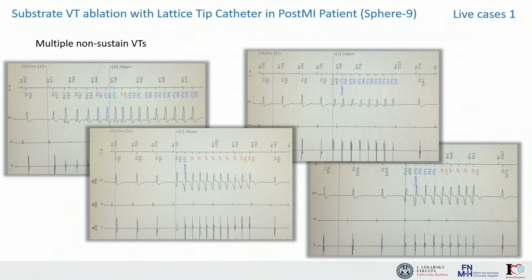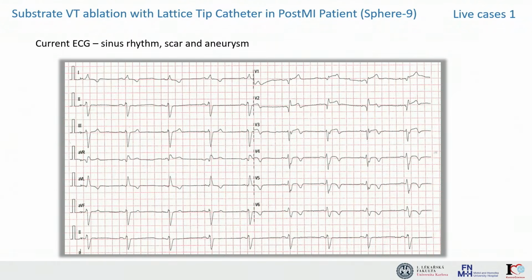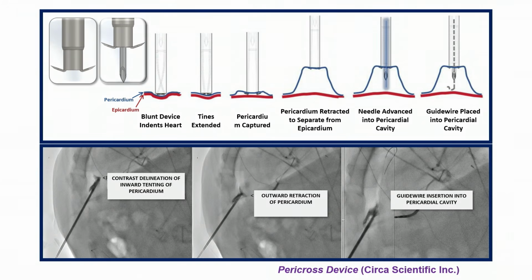In the memory of the ICD were multiple non-sustained VTs of different morphologies. And this is the EKG of this patient currently when we admitted him to the hospital. There is sinus rhythm, scar, and aneurysm on the anterior and apical side of the left ventricle. We showed you the pericardial access, which is already done, and we will show you the mapping of the pericardium and then the ablation.